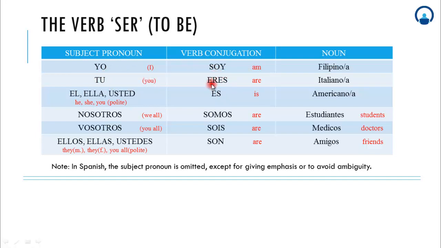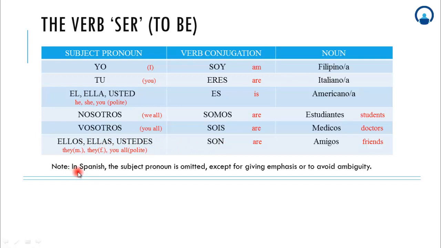Eres will not go with nosotros, vosotros, or ellos, ellas, ustedes. Similarly, with somos, sois, and son. Somos cannot go with vosotros or ellos, ellas, ustedes. Somos will only and only go with nosotros. Similarly, sois will only go with vosotros, and son will only go with ellos, ellas, ustedes.